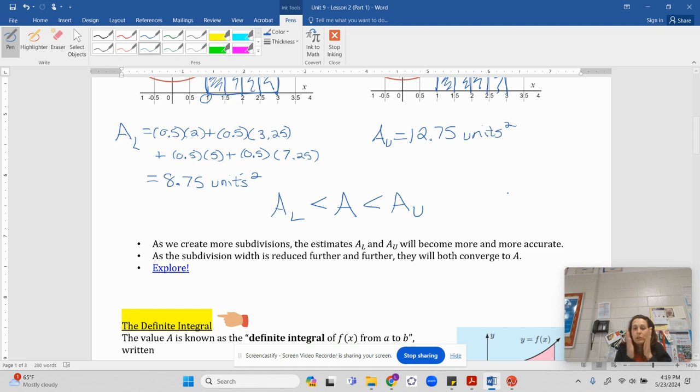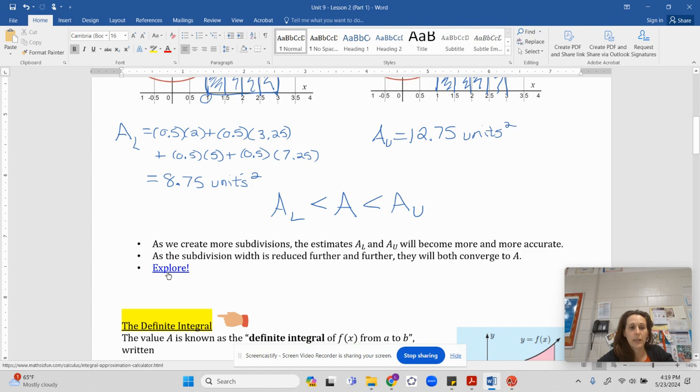The more subdivisions we make, the smaller we make the widths of our rectangles, the more rectangles we have, the more and more accurate this estimate will become. And then those two bounds on the outside will slowly get closer and closer to the actual value of the area. And then what we have here finally is a little exploration.